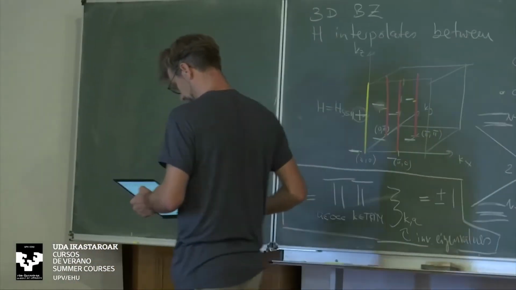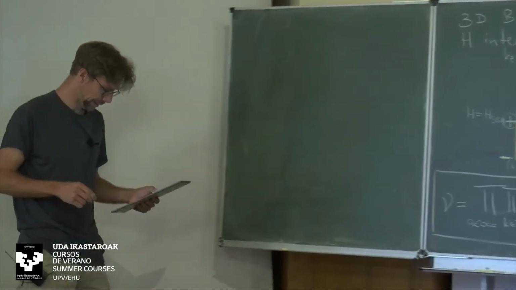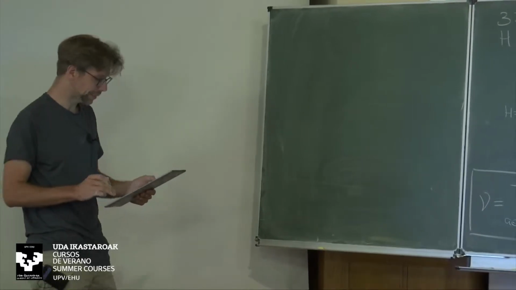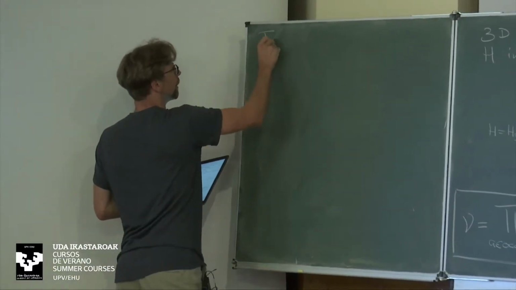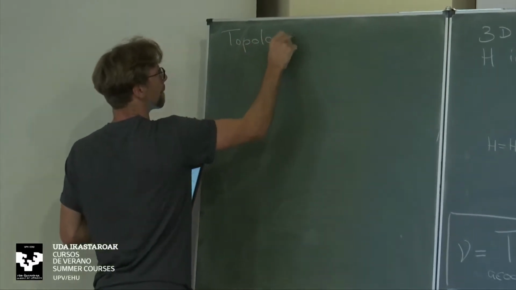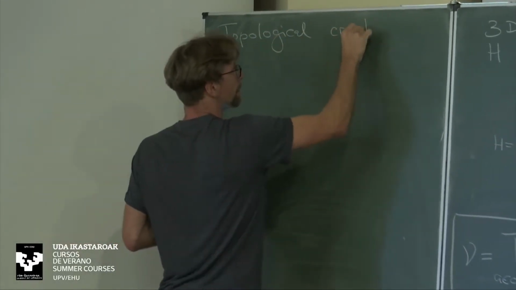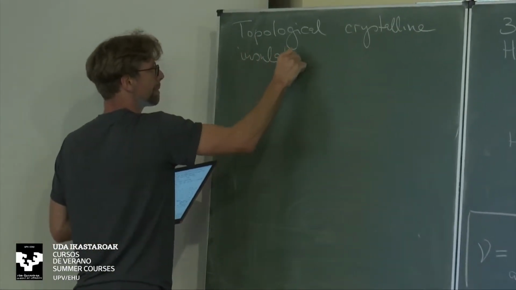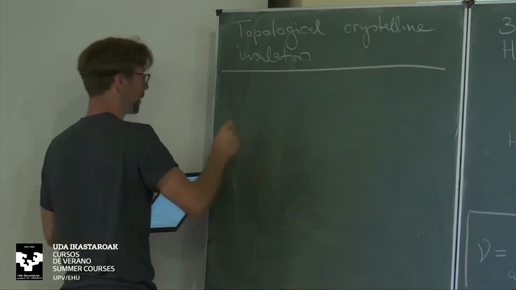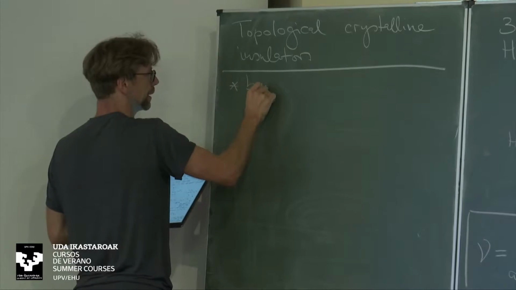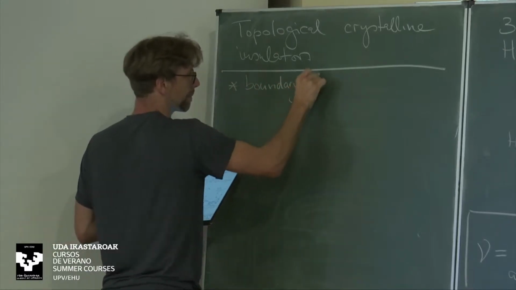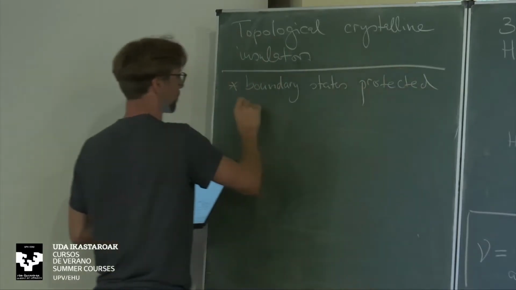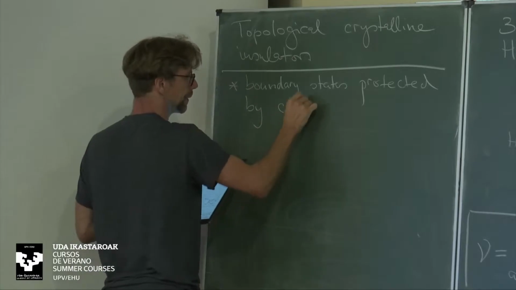I'm going to be relatively short. I have to be short on that, so I'll basically give you one example of such a TCI. So these have boundary states protected by crystalline symmetries.